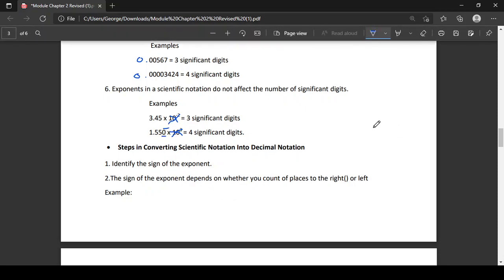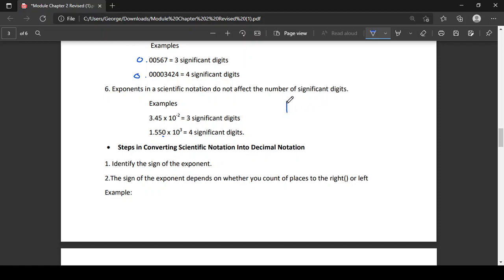Okay? So, 3.45 times 10 raised to the power of negative 2, pila ang ating significant digits? Okay, sir. So, 1.550 times 10 raised to the power of 3, pila? 4. Counted na tanan. Basta naka-scientific notation, again, kids, counted sila tanan.